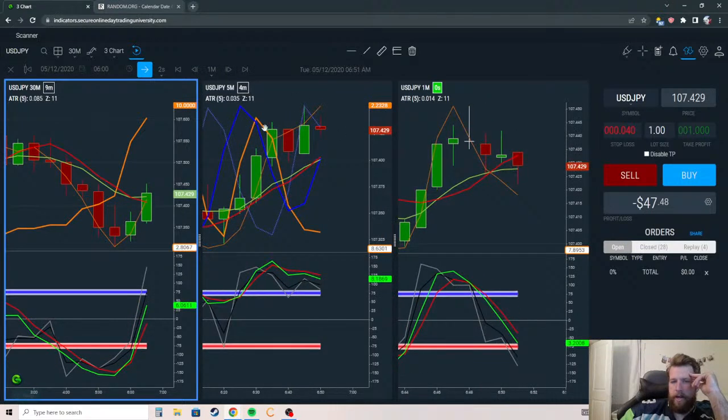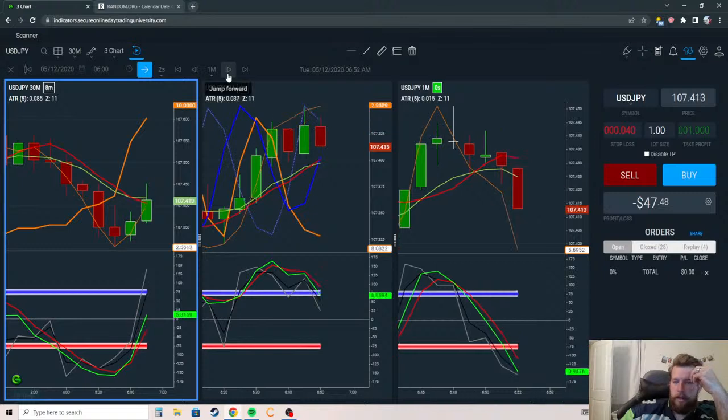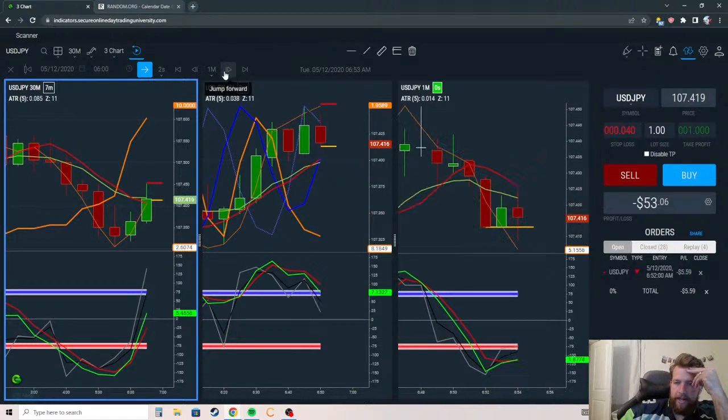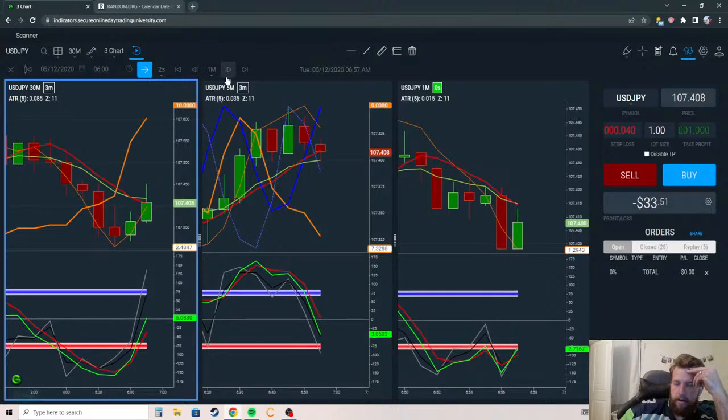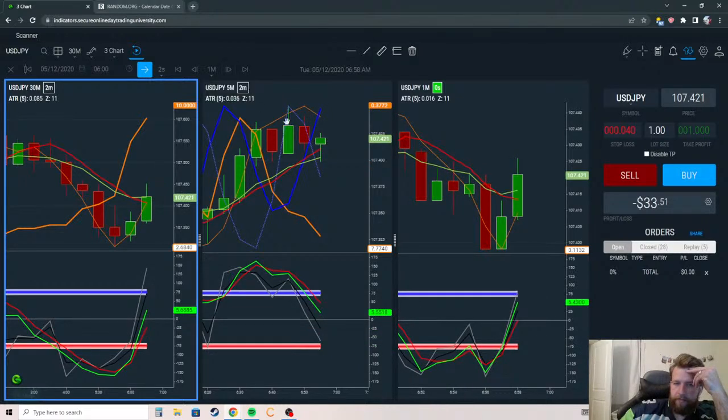Okay, getting level here. Red pressure cross. Okay, let's see if we can scalp a few points down. There we go. We'll take it. Okay, we touched pressure.